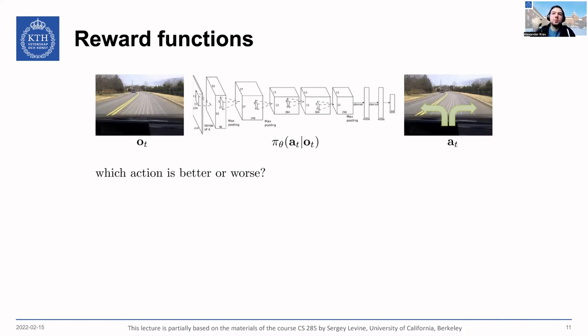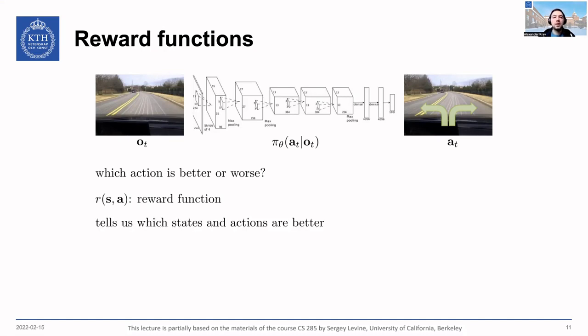Because we need to give some input to the reinforcement learning model. And the way it's done is through reward functions. Typically the reward function is defined on the state and on the action, and it provides some scalar value in the form of reward.